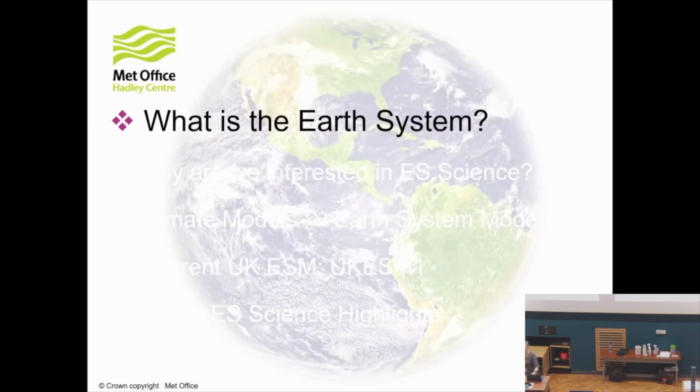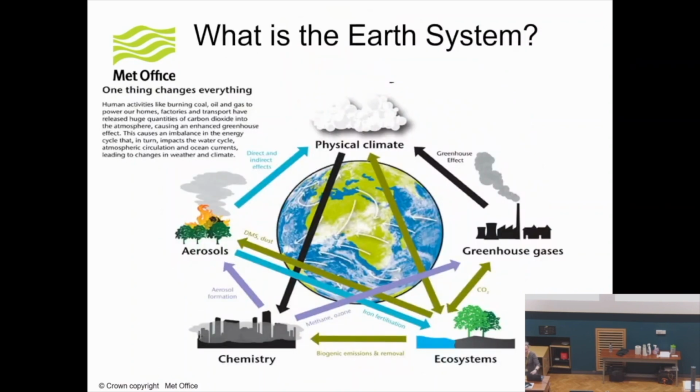Okay, so what do we mean by the Earth system? This is a schematic which was used to represent the UK's first Earth system model, HadGEM2, and in fact it was the first Earth system model that included UKCA composition.